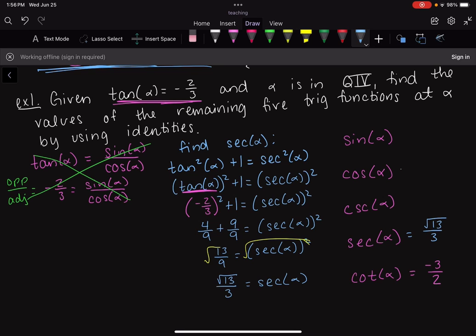So if I have secant, I can get cosine as well. Now we do want to check our signs, because technically when you take a square root, it's plus or minus. Since we are in quadrant 4, secant is going to be positive in quadrant 4, and so is cosine. So it makes sense that those are positive.